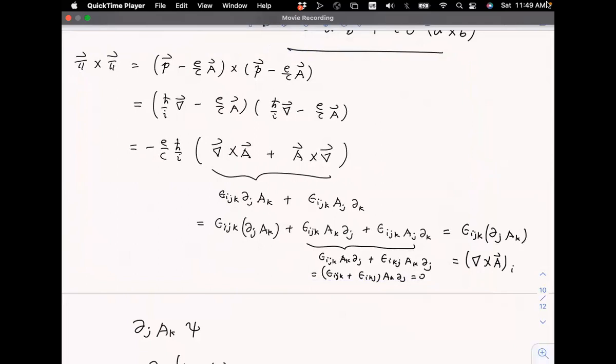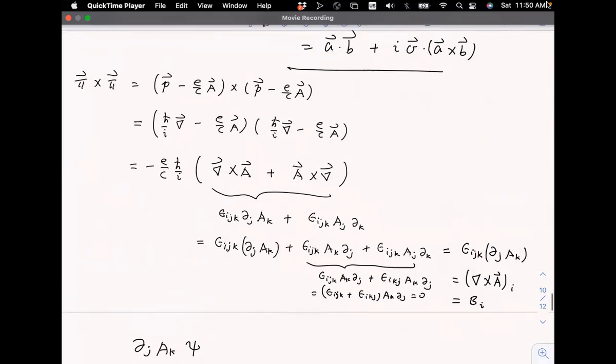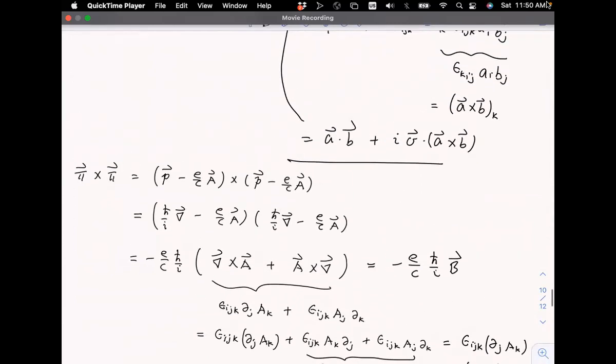The curl of A is just the B field, the B field I component. So this whole thing is just e h-bar over c times the I component of the B field. Yeah, that's it. So the result turned out to be very simple.